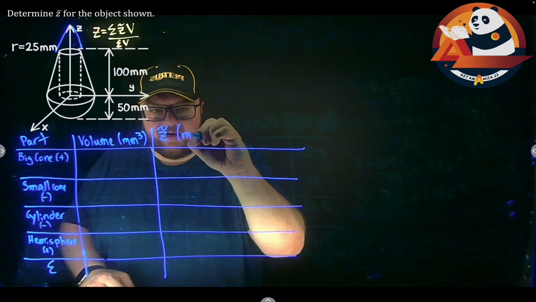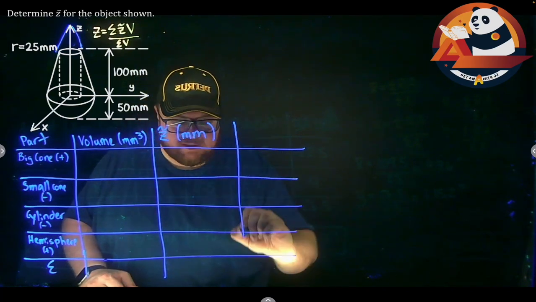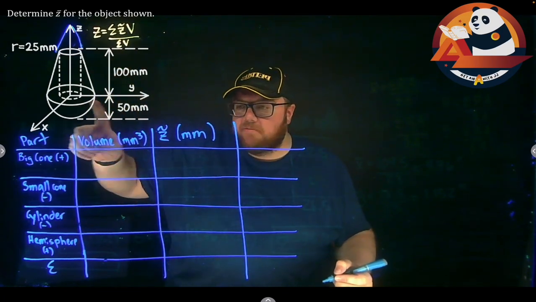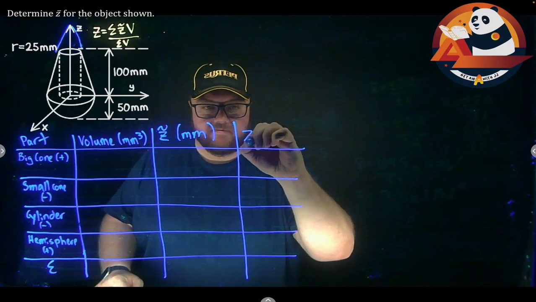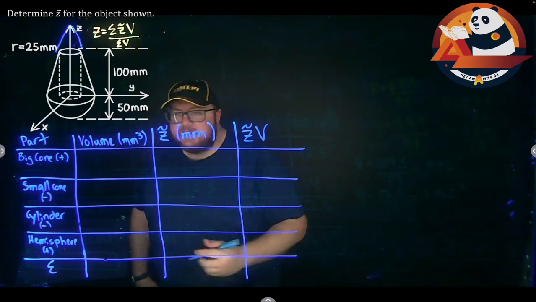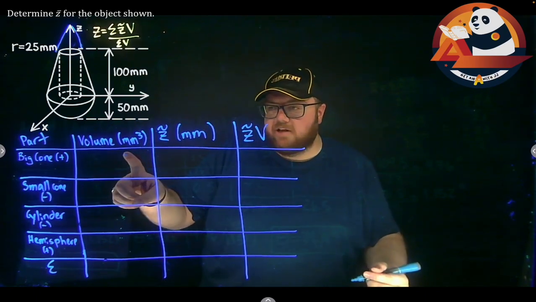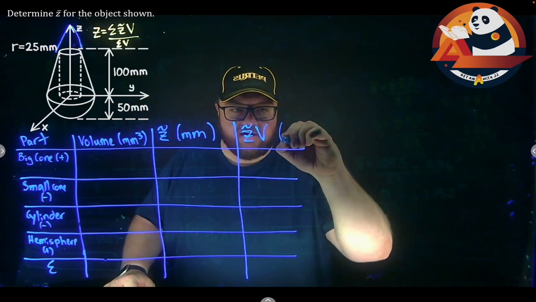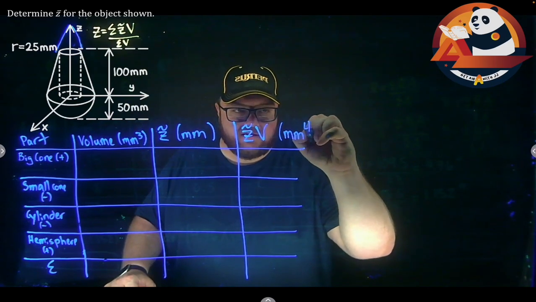And that's going to be in millimeters for us. Once I have z tilde, I can multiply it by the volume to get z tilde v. And we're not going to get thrown off by the units on this. Logically, if we have millimeters cubed times millimeters, my units here are going to be millimeters to the fourth.